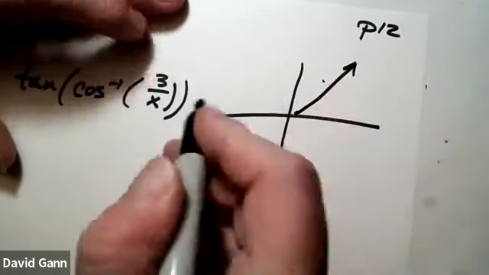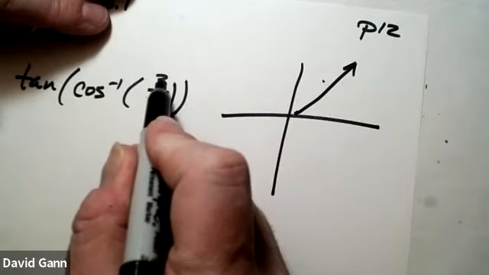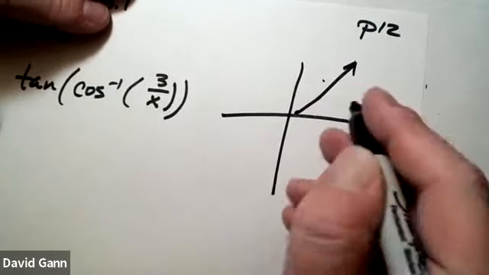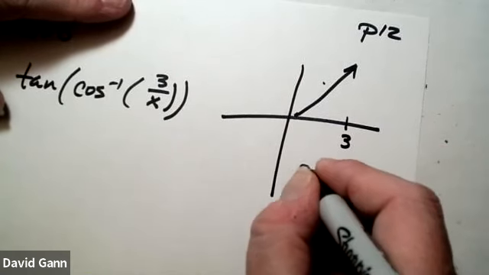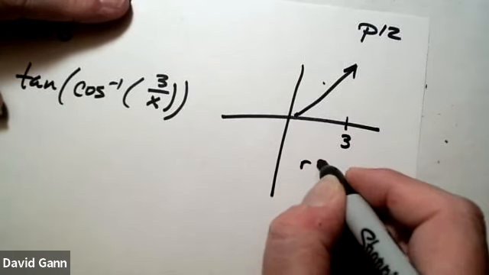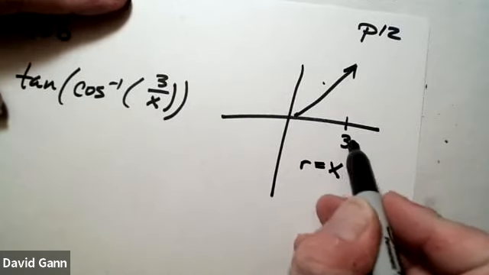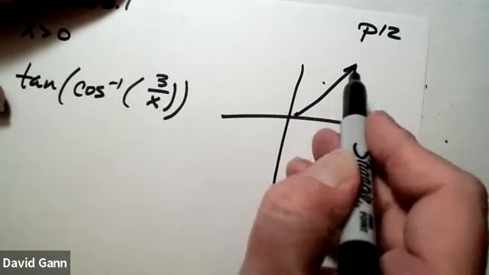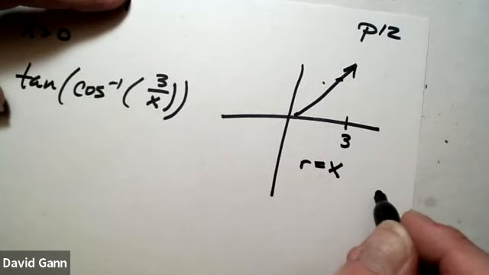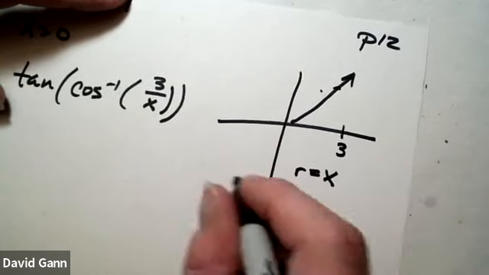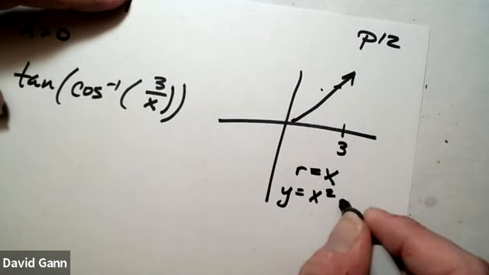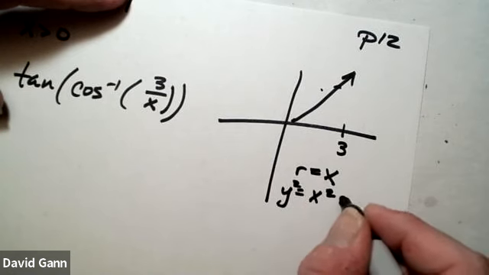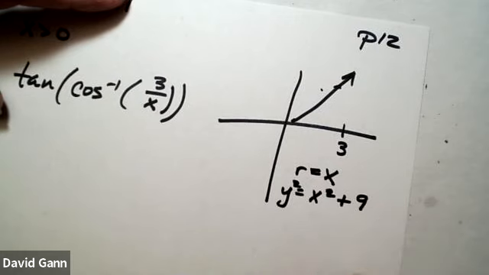It has an x value. This is weird, right? The x coordinate is 3, and the r value is x, right? So cosine would be 3 over x. So now I just need to find out what the y value is. Well, y squared is going to be x squared minus 9.